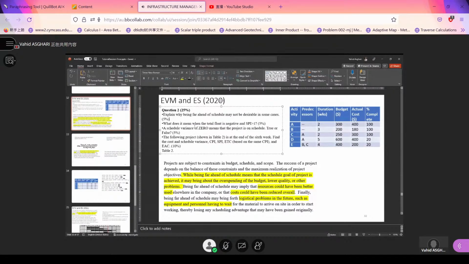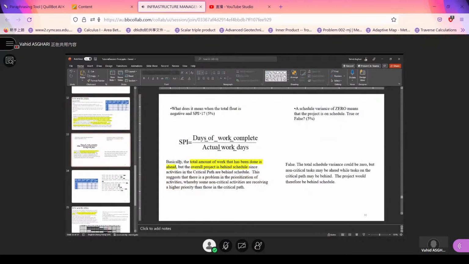What does it mean when the total float is negative and SPI is more than 1? The answer is that the total amount of work that has been done is ahead, so SPI is more than 1, but the total float is negative, so the overall project is behind schedule. These are two important parts.